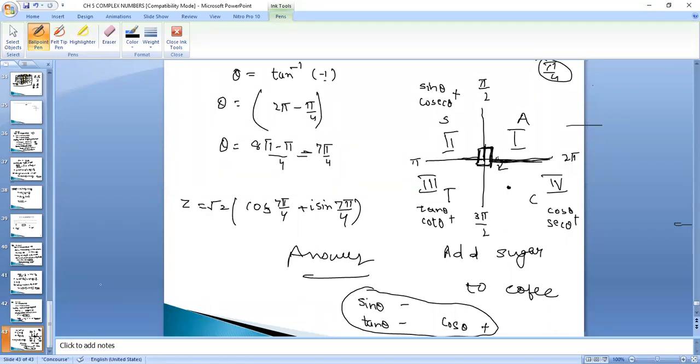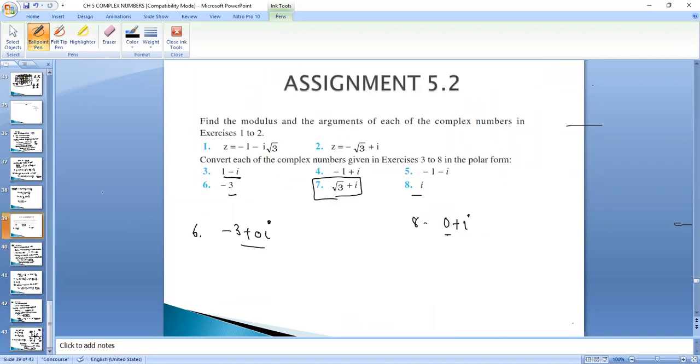Okay. Now just check this question. First question. R cos theta will be -1, r sin theta will be -√3. Now sine theta will be negative, cos theta negative, but tan theta will be positive, because when you divide the two values, minus minus will cancel.